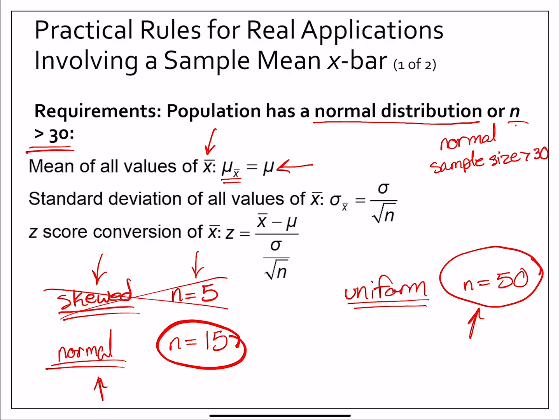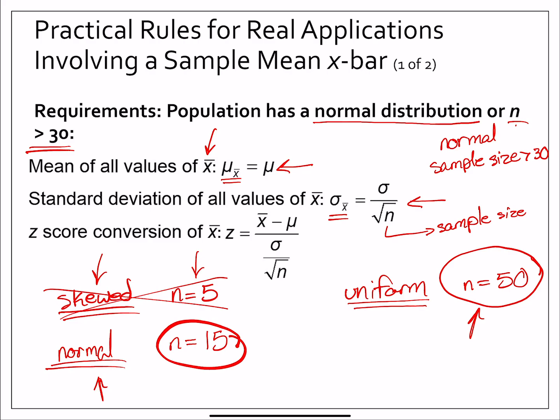When we find the standard deviation of all of our sample means, what we do is this transformation, where we take the standard deviation and divide it by the square root of n, where n is what? N is the sample size. That's what n is.